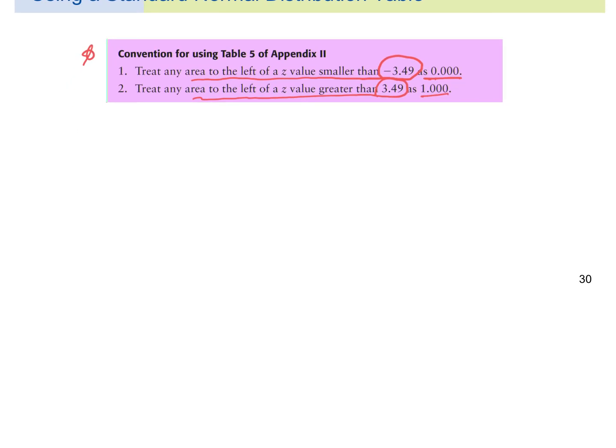So while we're here, let's talk about the in-between. Let's use the same values that we had before so we don't have to look up anything else. We had a z-score of negative 1.0 in that first example, and then we had a z-score of 1.18.